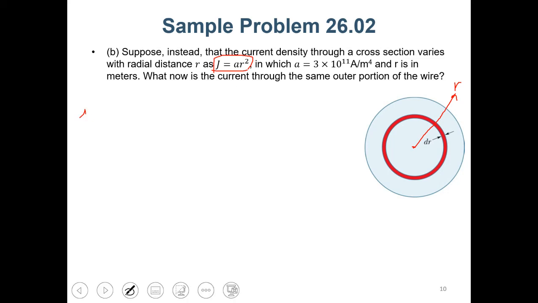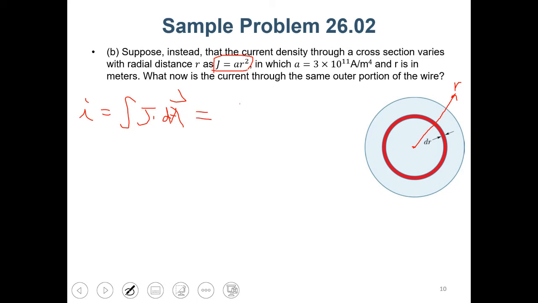So here we need to consider the integration of J dot dA. A can point inside or outside the page; it is fine because we don't really consider it here.